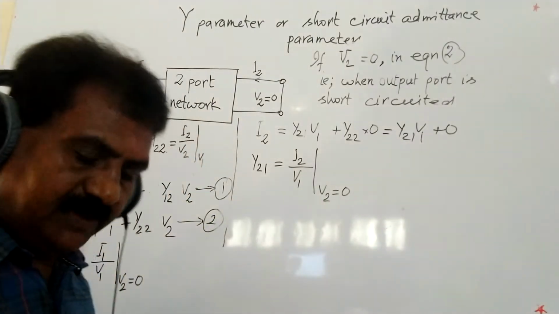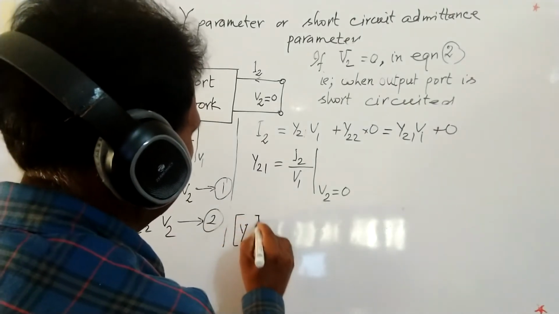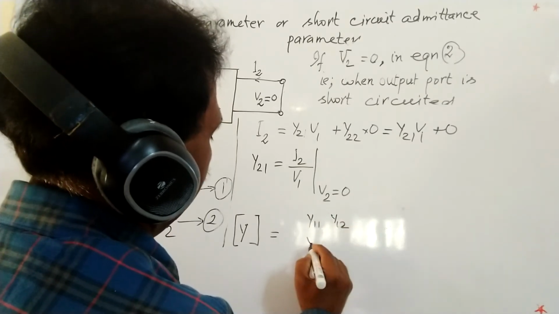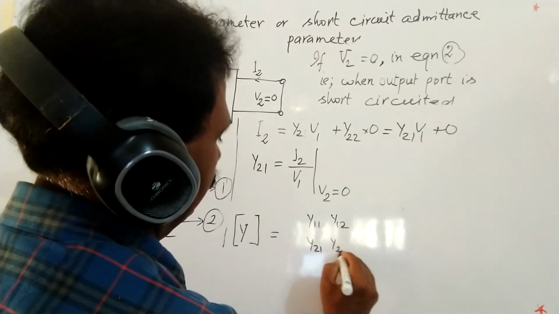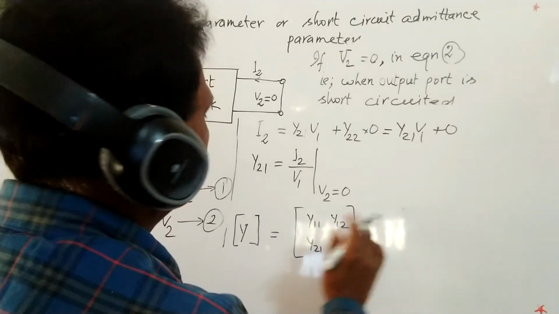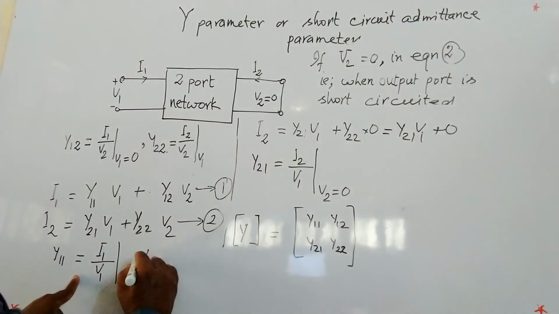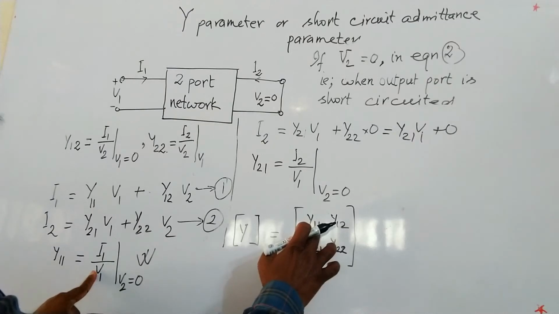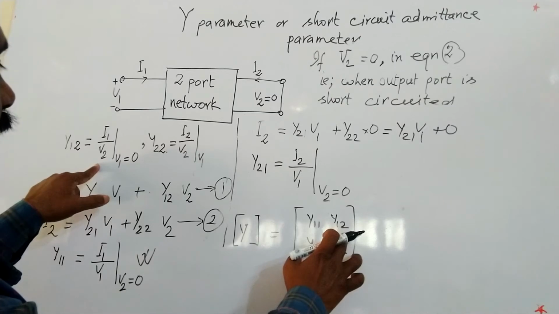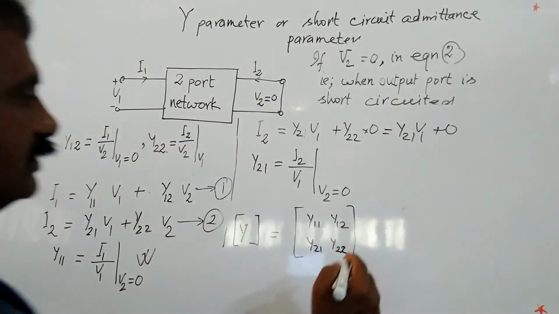Now let us assemble these together. We already knew that Y is the admittance parameter whose values are y11, y12, y21 and y22. Now write these values. We have obtained the value of y11 here, y12 here, y21 here.